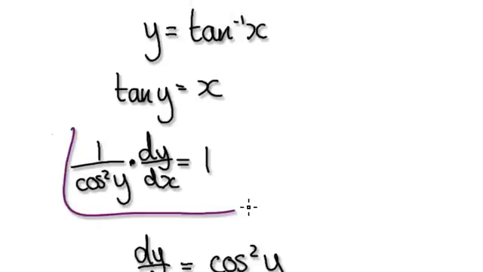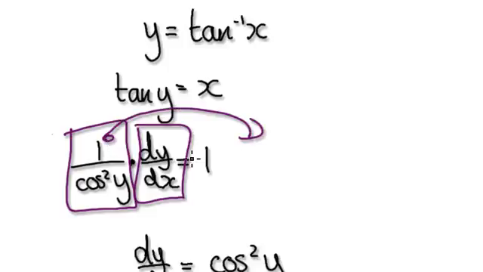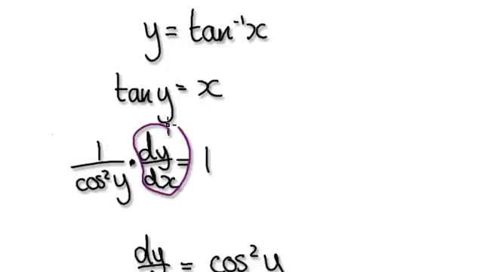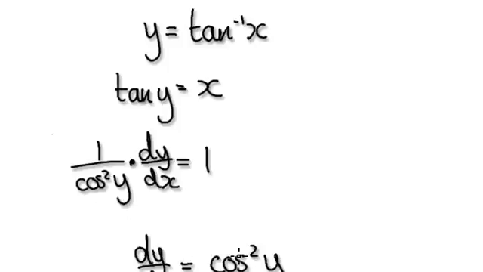That will take you to here, where you've got one block multiplying with another block. So get rid of this one here. When you get to this stage, imagine this as multiplying to the top. So you've got this dy by dx here. To kill off this thing, multiply both sides by cos squared of y.